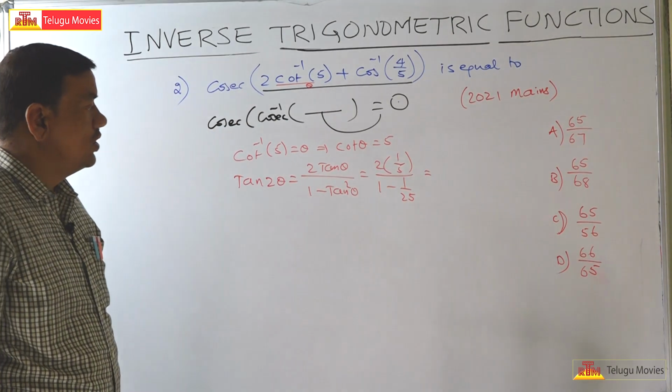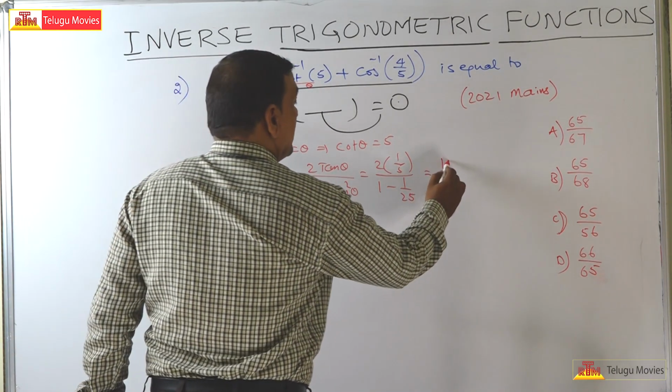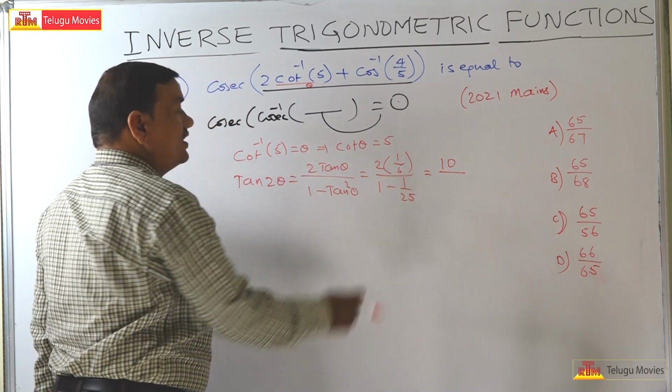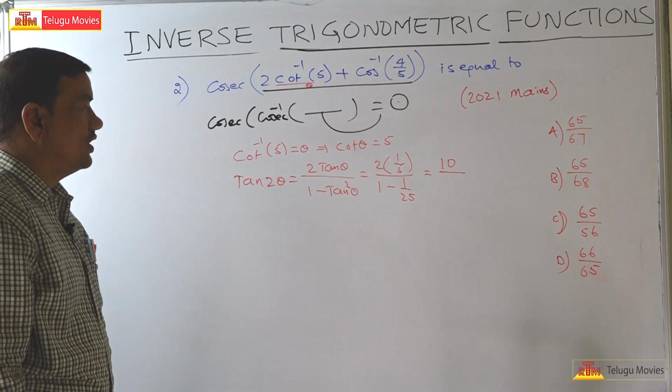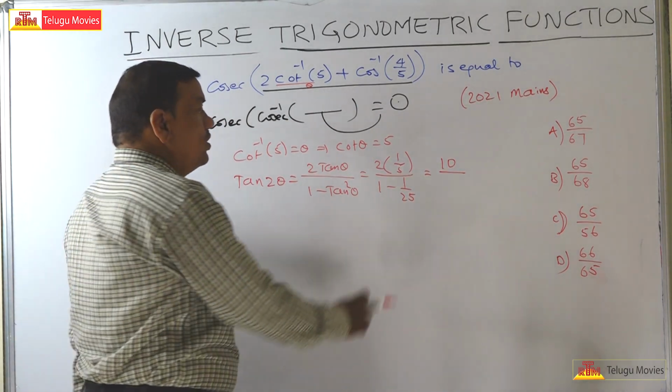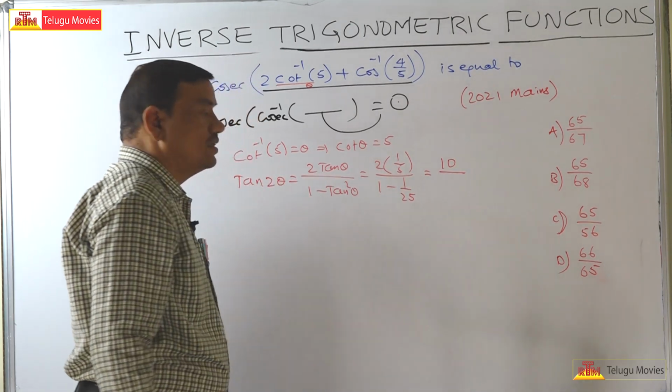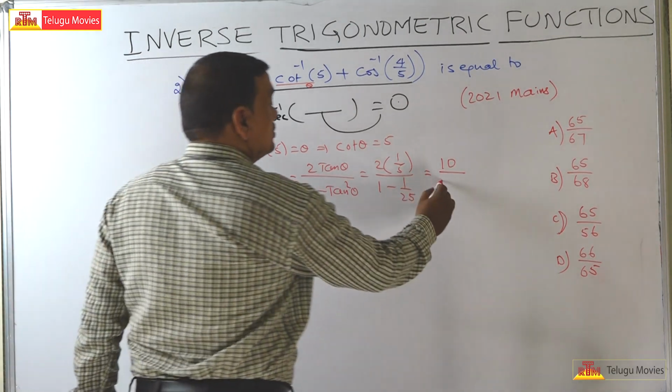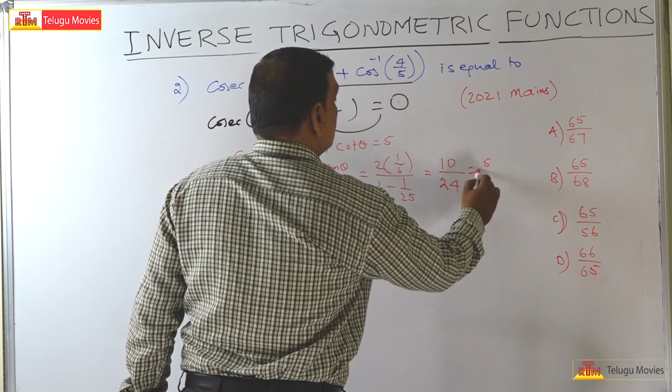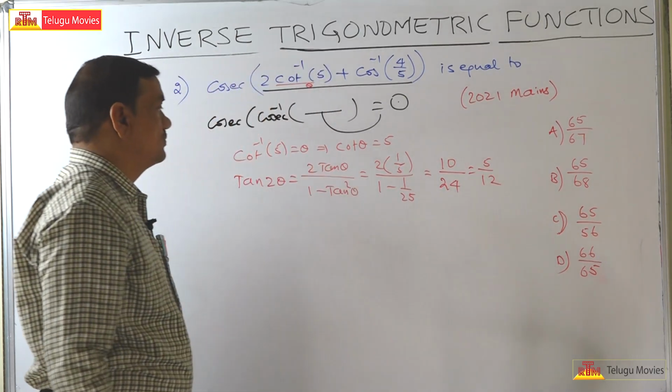Understand this? So this is equal to 10 by 25, the 5 cancels and goes to the numerator, that is 10 upon 24, which is 5 by 12. So I have found tan 2 theta.